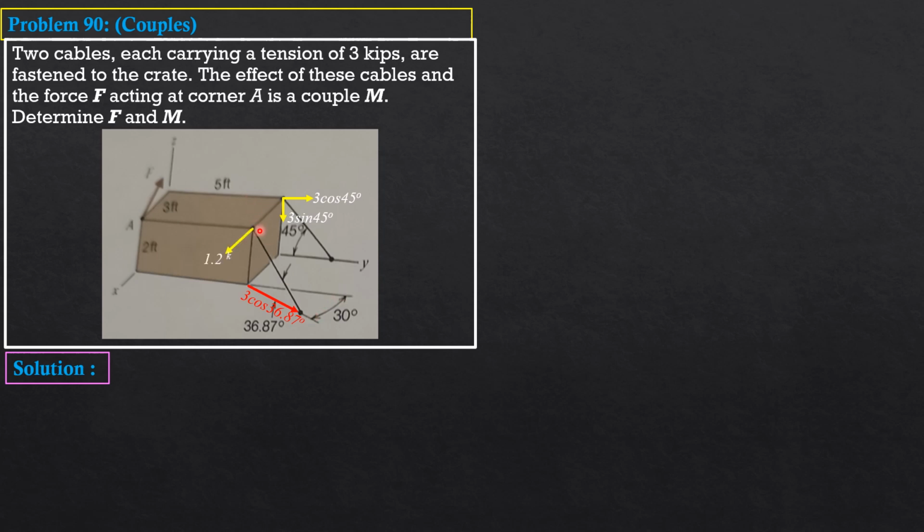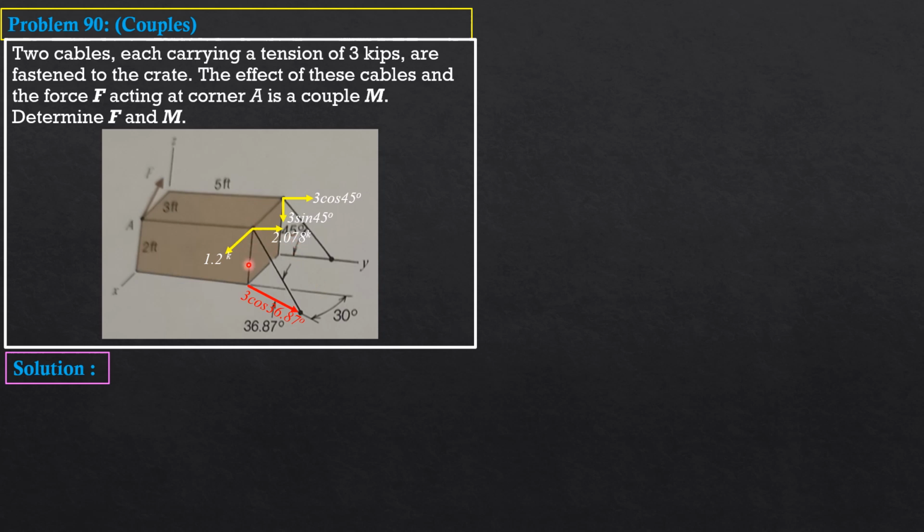That would be 1.2 kips. This component along Y is 3 cosine 36.87 times cosine of 30. So that would be 2.078 kips.